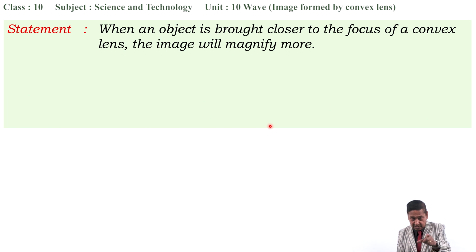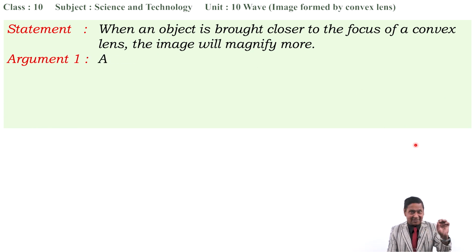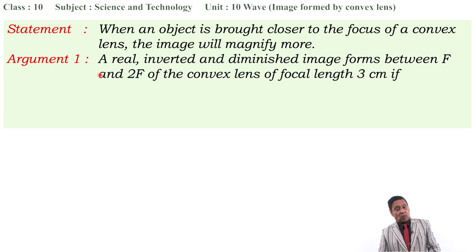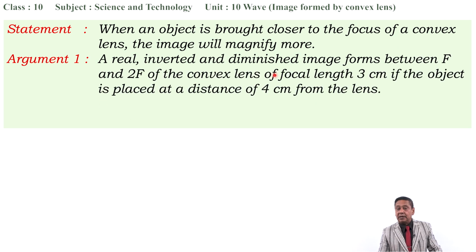Now the same is related to this question also. When an object is brought closer to the focus of a convex lens, the image will magnify more, is it? Now just think about this. Argument 1: A real, inverted and diminished image forms between f and 2f of the convex lens of focal length 3 cm if the object is placed at a distance of 4 cm from the lens.